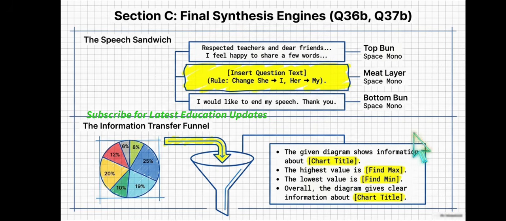The highest value is here 20%, 25% related to that data, right? The lowest value is the minimum. Overall, the diagram gives clear information about the chart title, right? So in this way, if you write 5 to 10 lines, you will easily get full marks in the English examination.